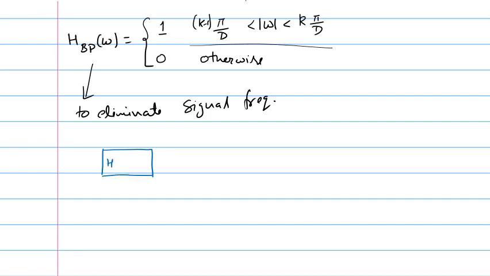Suppose you have a bandpass filter where you have input x(n), and the output of this bandpass filter will be v(n).